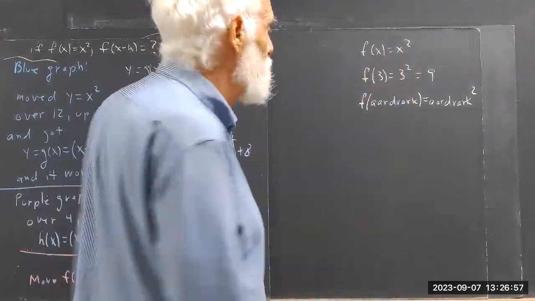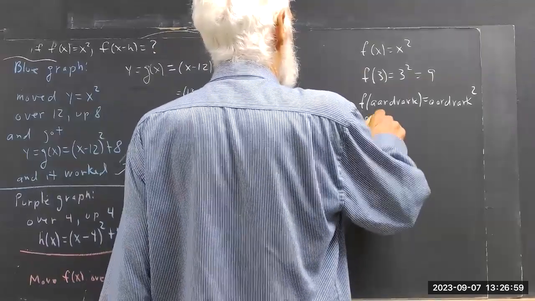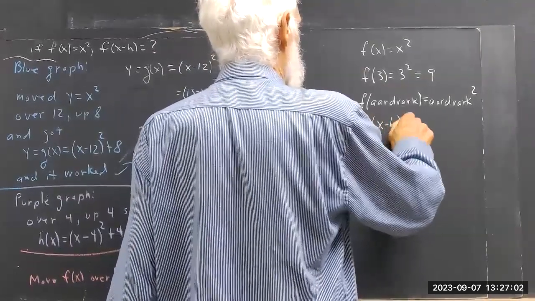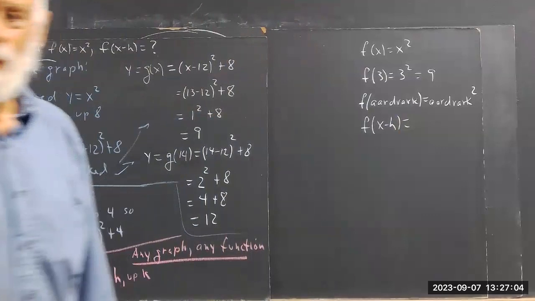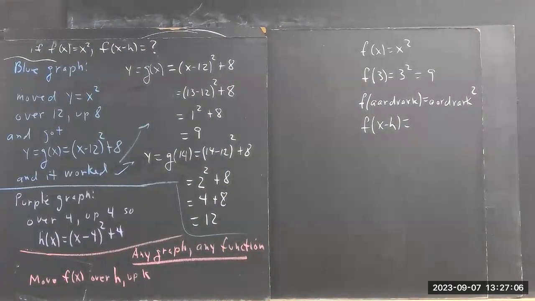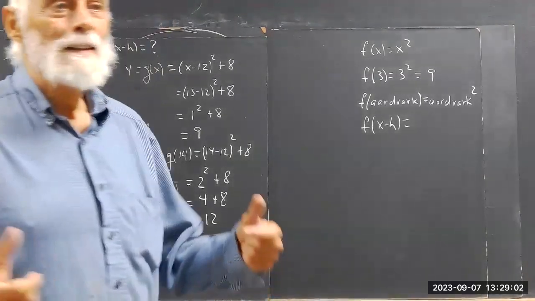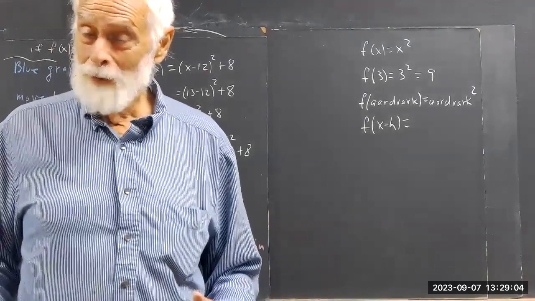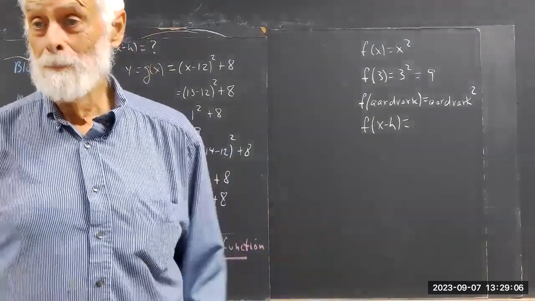So tell me now, what is f of x minus h? Write it down on your paper quickly, if you can. I just said it and I emphasize it again. Most people miss this because they were thinking.